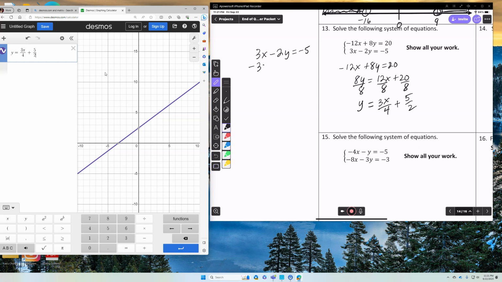So we subtract 3x from both sides. So you have negative 2y equals negative 3x minus 5. Divide by negative 2. So y equals 3x over 2. And you know what? 12 divided by 4 is 3. 8 divided by 4 is 2. I made a mistake here. That's 2.